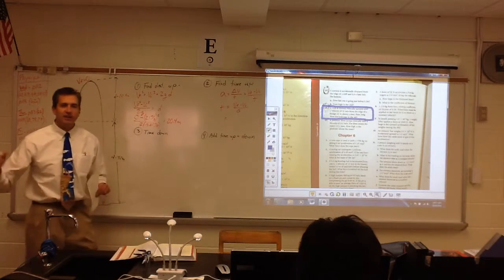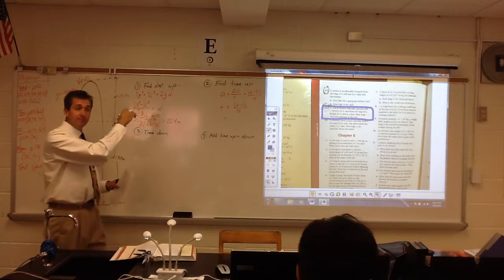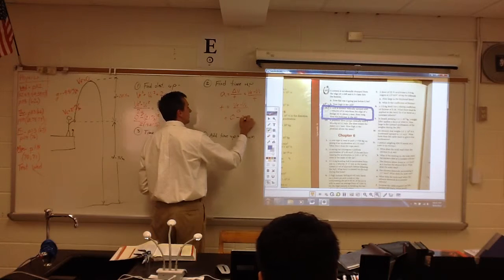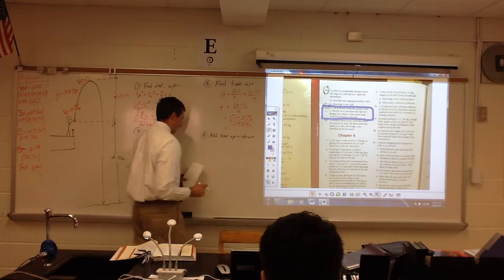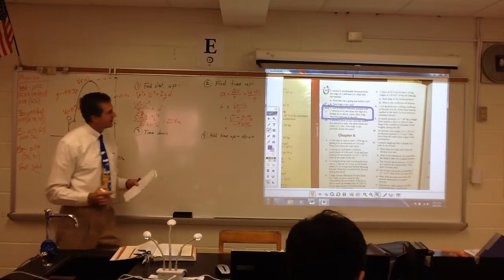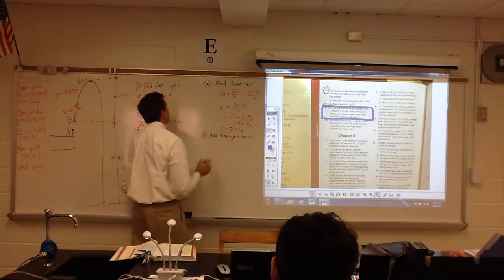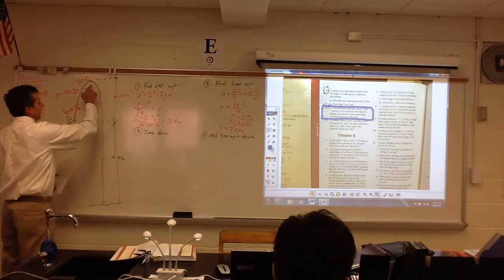What's our final velocity again, everybody, when it gets to the top? 0. What's our initial velocity when it leaves your hand? 21, over an acceleration of 9.81 meters per second squared. Well, anyway, math shows that that is just over 2 seconds, 2.04 seconds. That's how much time it takes to get up here.